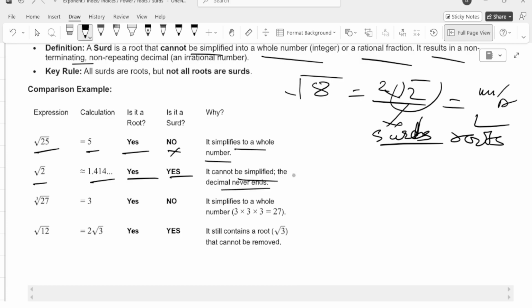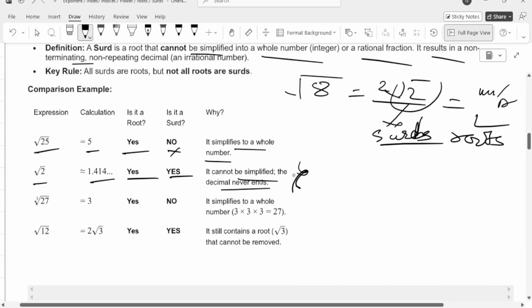So what do we understand? All surds are roots, but all roots are not surds. First, complete these questions, then I explain. Root 27 is 3 root 3: is it a root?